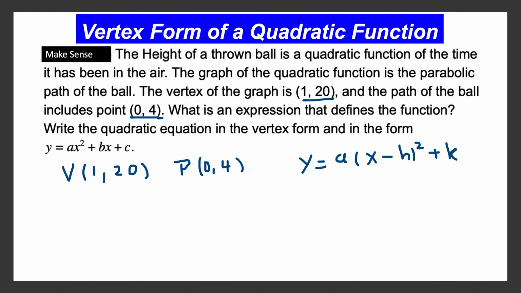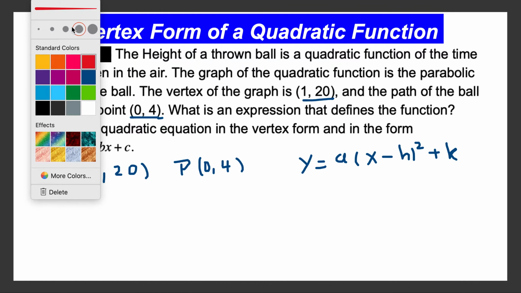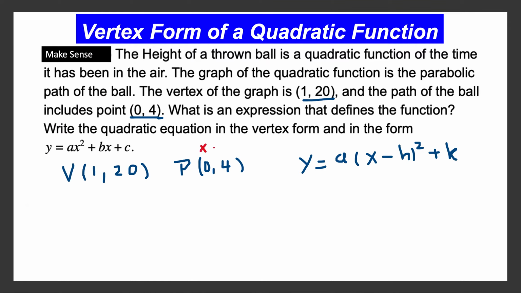And now if we want to find this point, the coordinate point here, this is x, this is y. And the vertex, this is h, and the other coordinate is k.